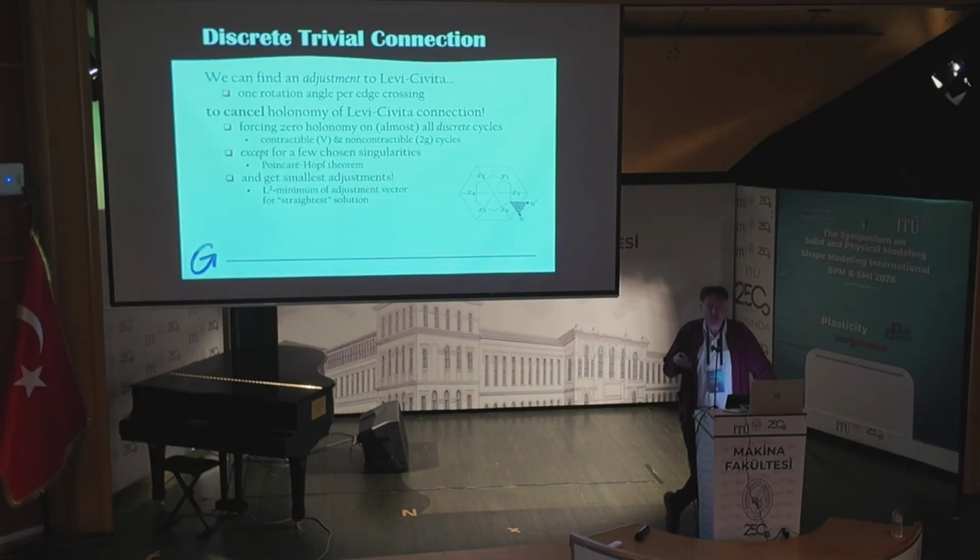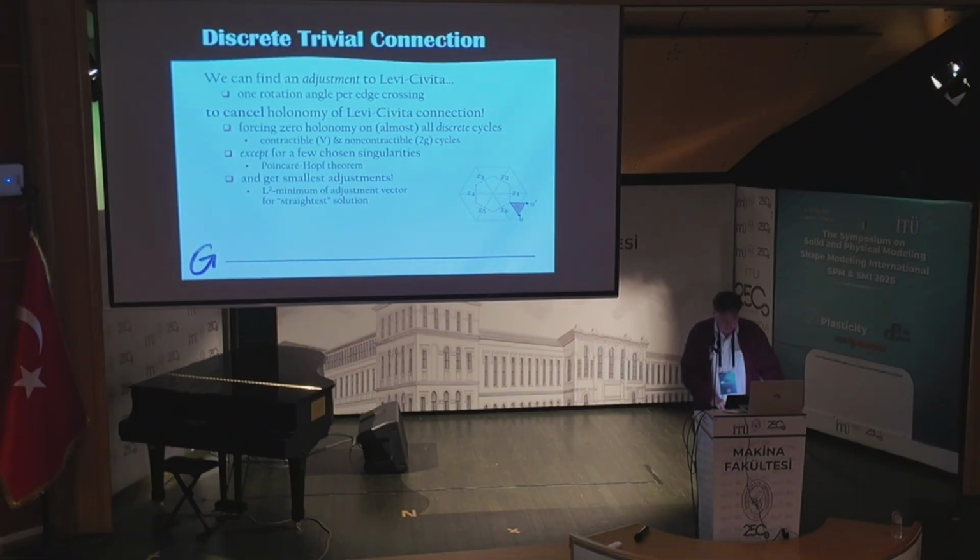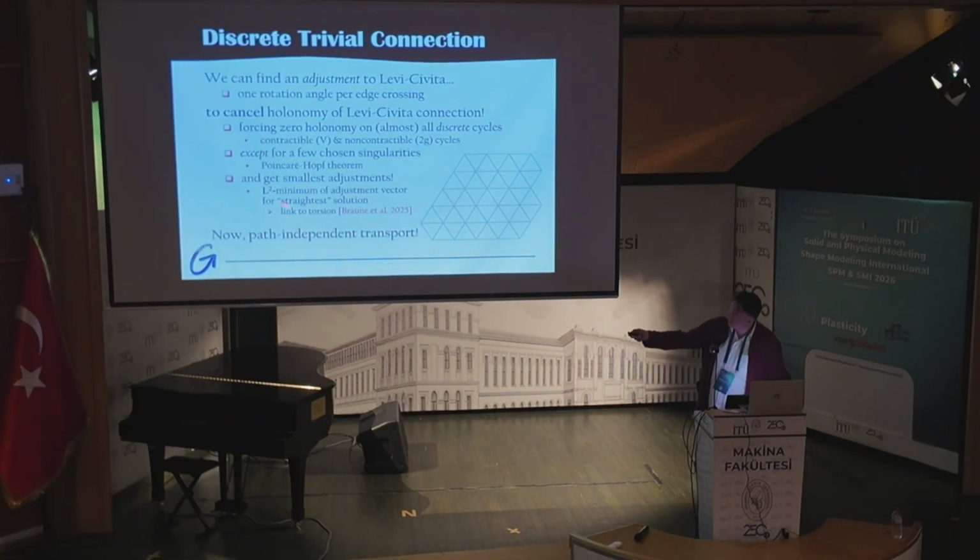That way you don't deviate too much from the Levi-Civita connection while killing the holonomy almost everywhere except at singularities. And by the way, recently we realized that this notion of smallest actually meant that we were minimizing the torsion. At the time, we didn't know that it was actually the torsion of the connection. If you want to understand why, go back to a SIGGRAPH paper from last year, but this is irrelevant to my discussion here.